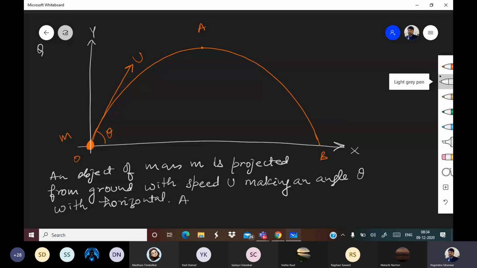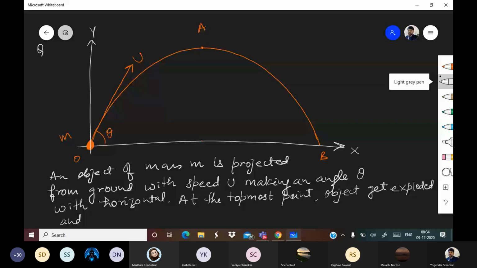At the topmost point, the object gets exploded and breaks into two equal parts.